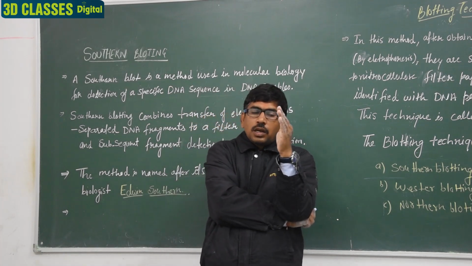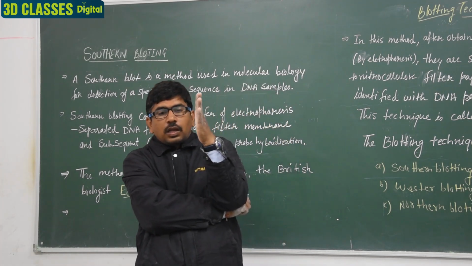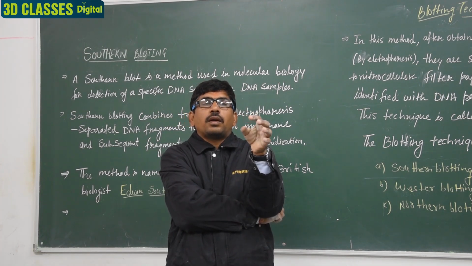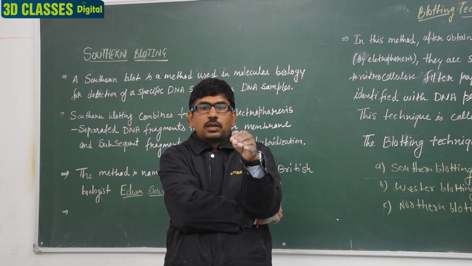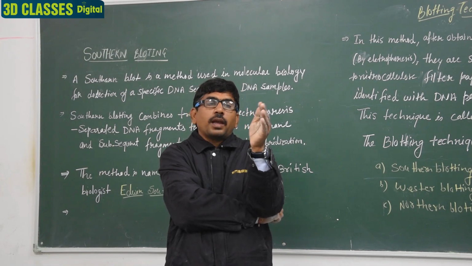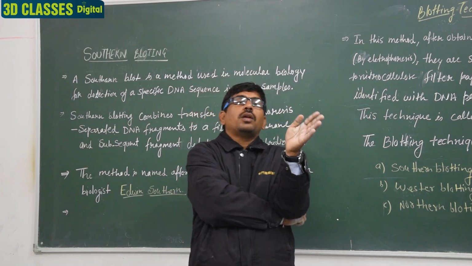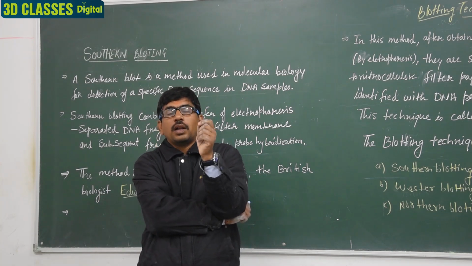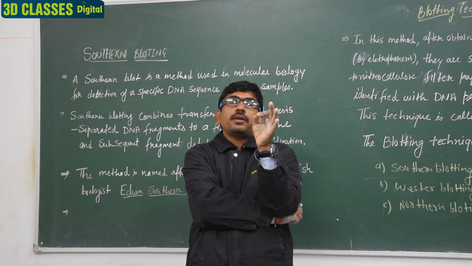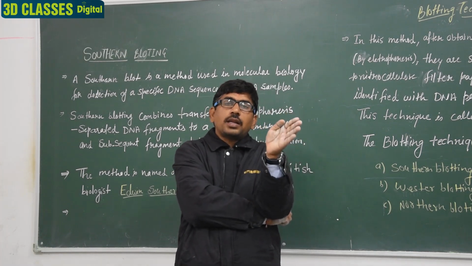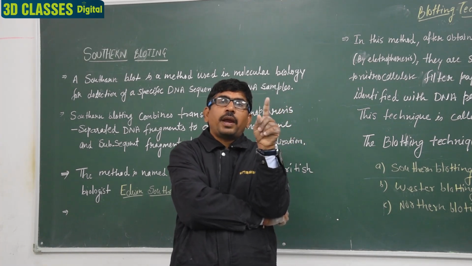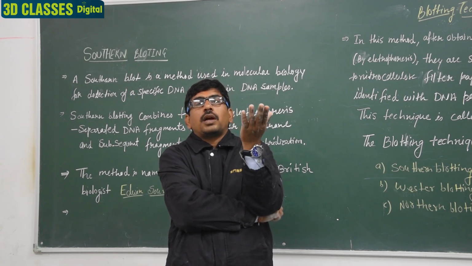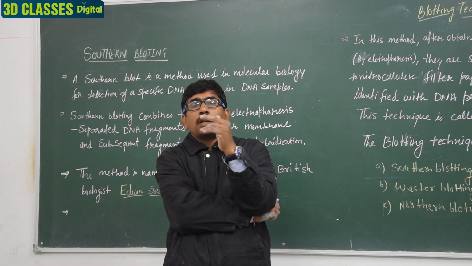But it is difficult to obtain the DNA in a similar complete form from the gel onto a solid surface, because the DNA is present inside the gel, and we cut the particular band and then again isolate the DNA.